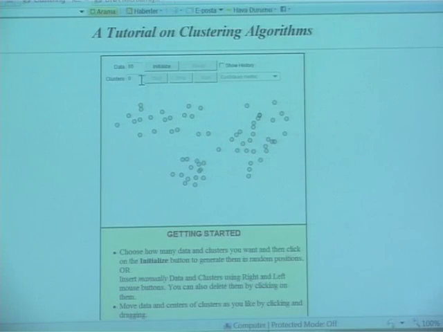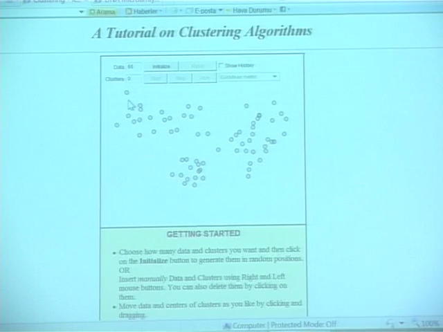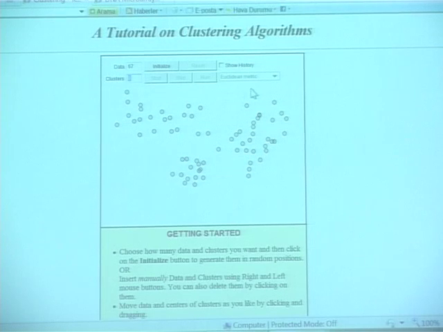Now I need to set 3 clusters here. There's something wrong with this applet. I need to be able to start it. 3 clusters. When I say initialize, it randomly assigns new points.